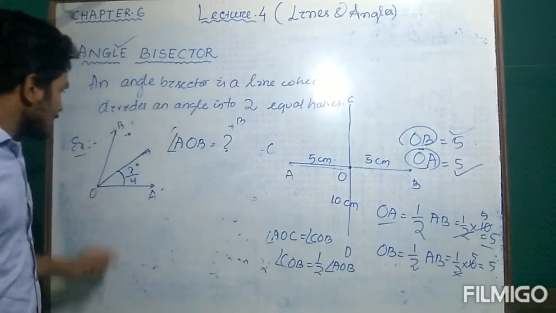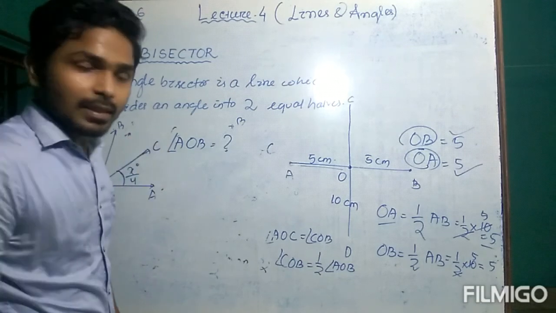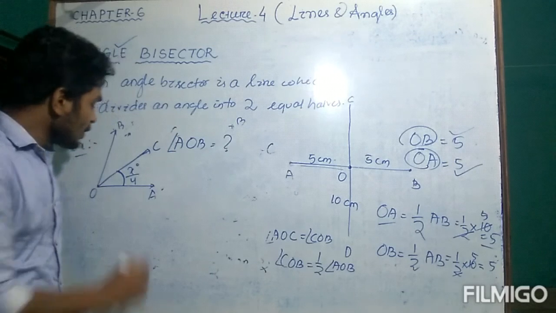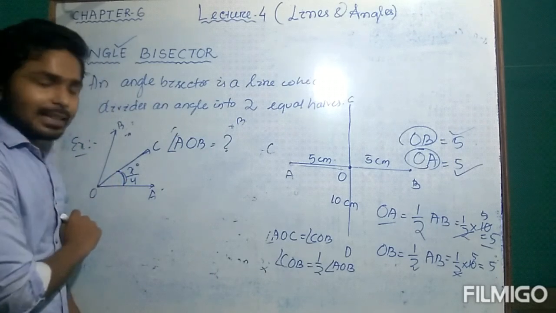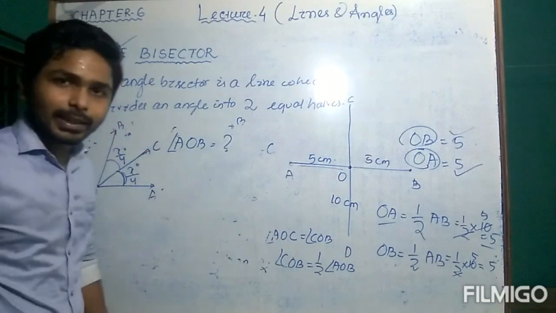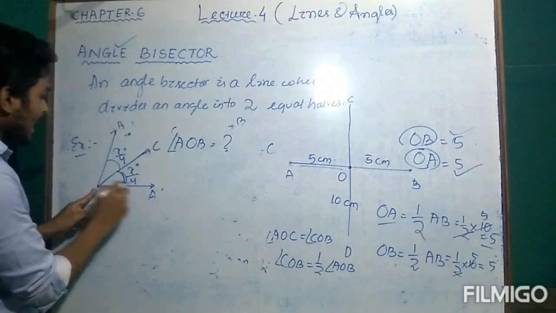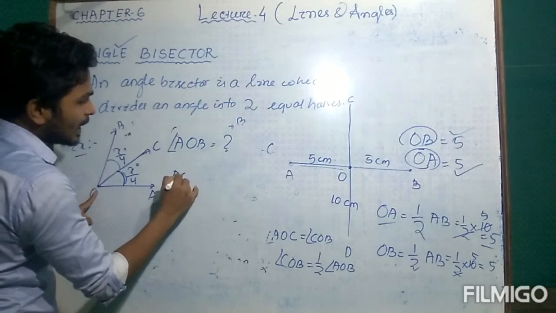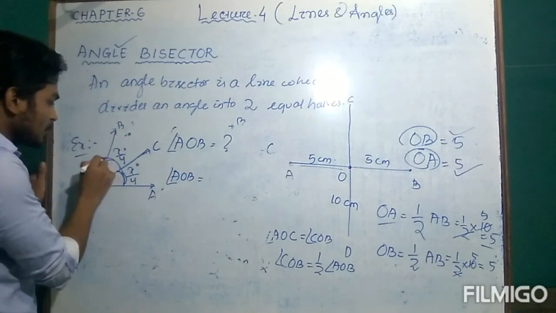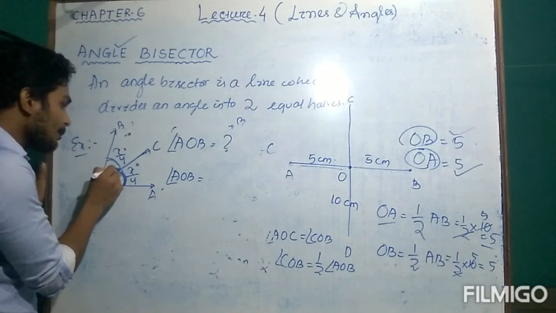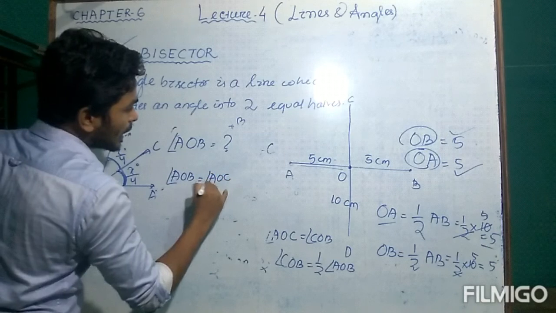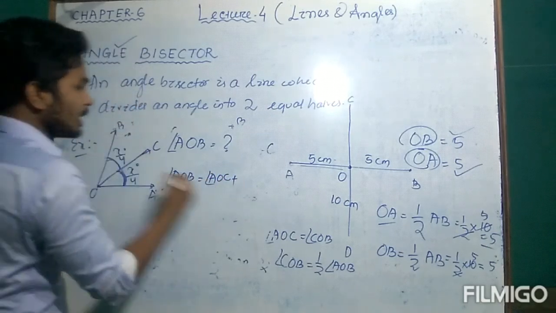Since OC is an angle bisector, we know each half is equal. So if it is x by 4 degree, then this value is also x by 4 degree. Yes, this is also x by 4 degree. Now, this total angle AOB can be written as this angle plus this angle, so AOC plus COB.